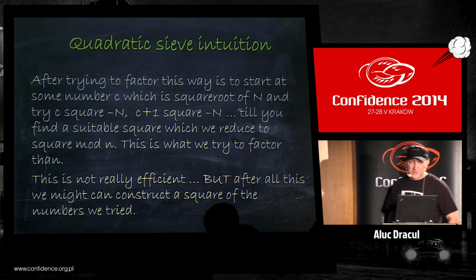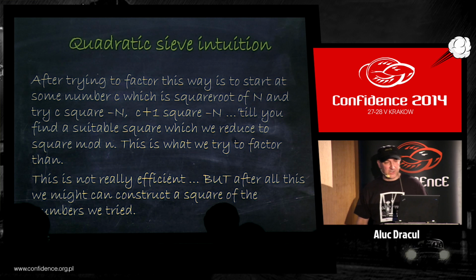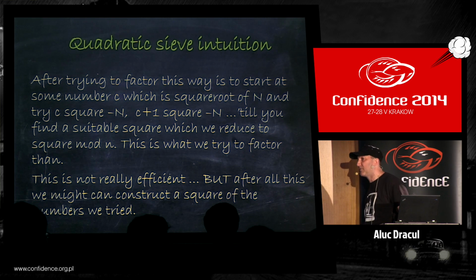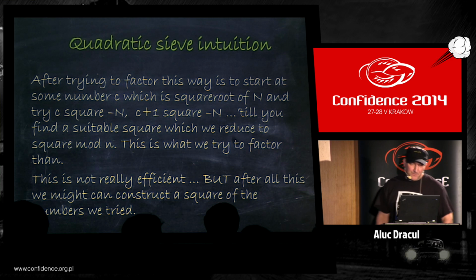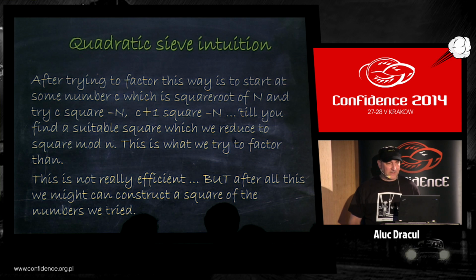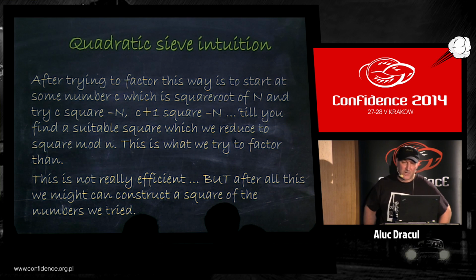After we try to factor it, I'll just read the formula to you, which is easier and more convenient for people who are not so into formulas. Take some number c, which is a square root of n, and try c squared minus n, then c plus 1 squared minus n, until you find a suitable square which we reduce to a square mod n.